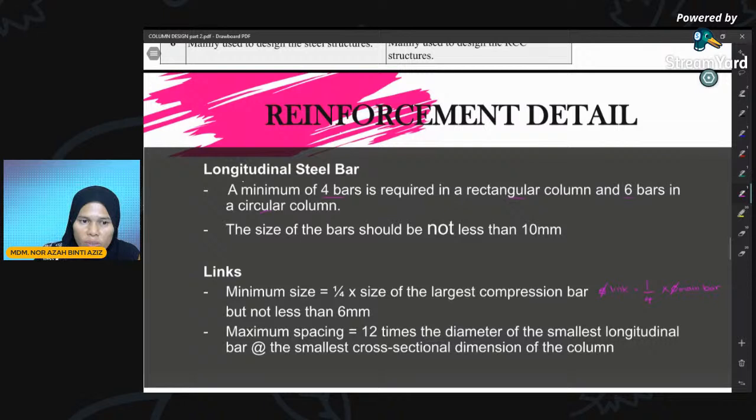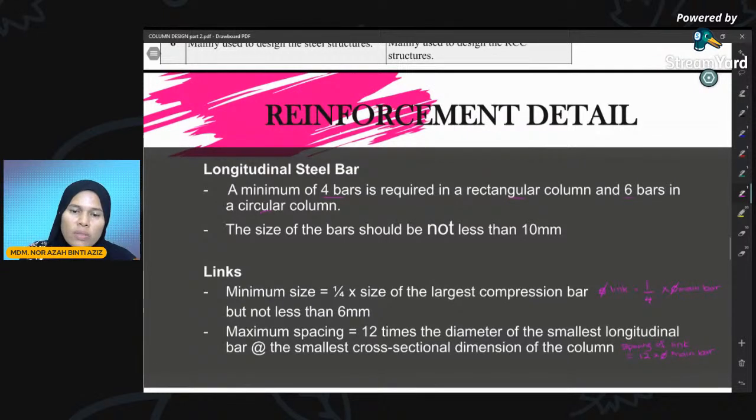Then the maximum spacing is 12 times the diameter of the smallest longitudinal bar. Here the spacing of link is equal to 12 times the diameter of the main bar.